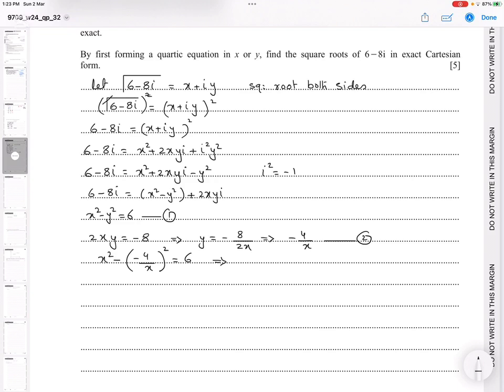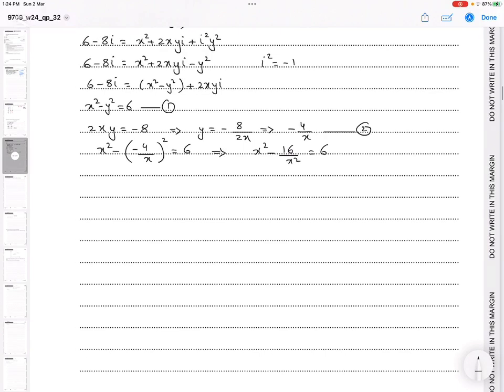Now we can further simplify it, so it becomes x squared minus 16 over x squared is equal to 6. Take the LCM, so you get x to the power 4 minus 16 is equal to 6x squared. Now bring all the values to one side. So x to the power 4 minus 6x squared minus 16 is equal to 0.